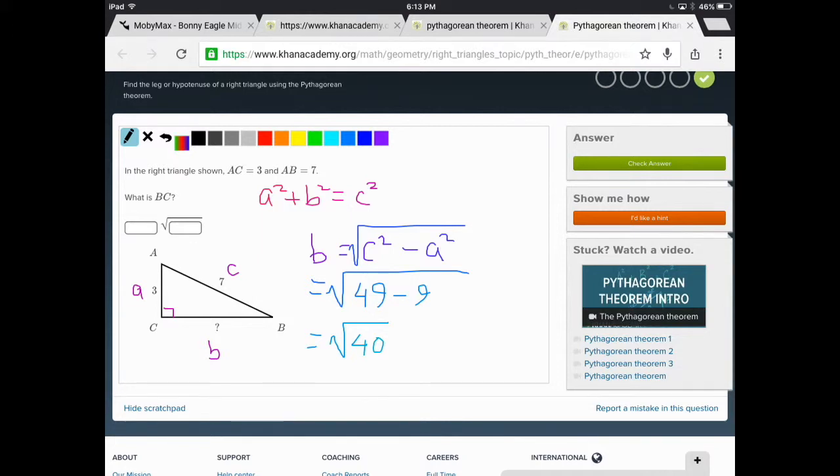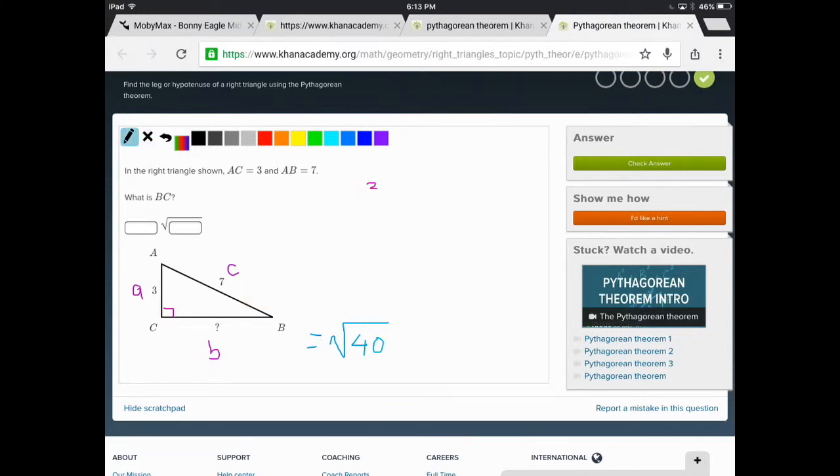Just so you are aware, we could factorize 40. The square root of 40 becomes the square root of 2 times the square root of 20. The square root of 20 becomes the square root of 2 times the square root of 10. And if you look, the square root of 10 becomes the square root of 5 times the square root of 2.